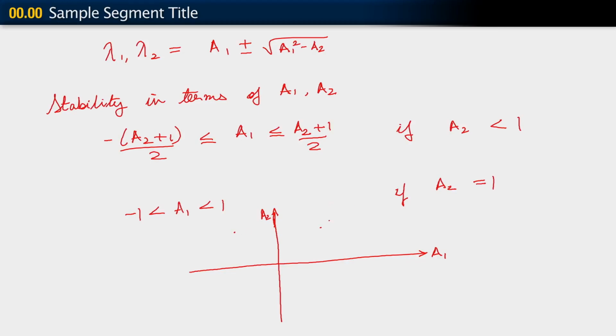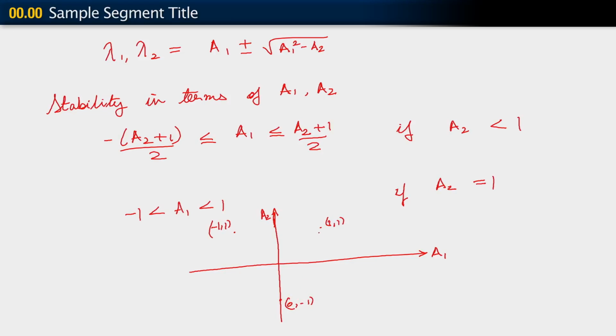These are the points 1, 1, minus 1, 1, and down here I have the point 0, minus 1.